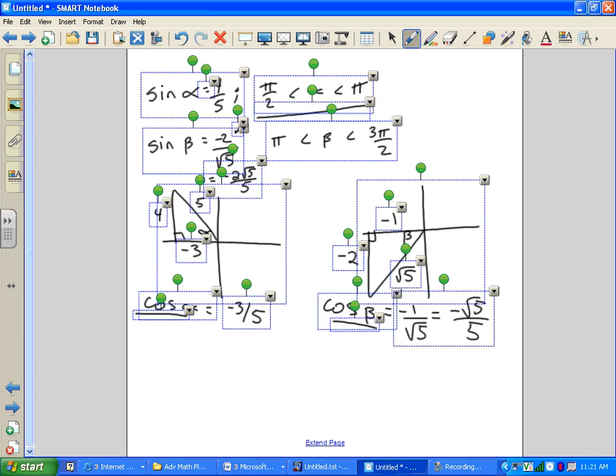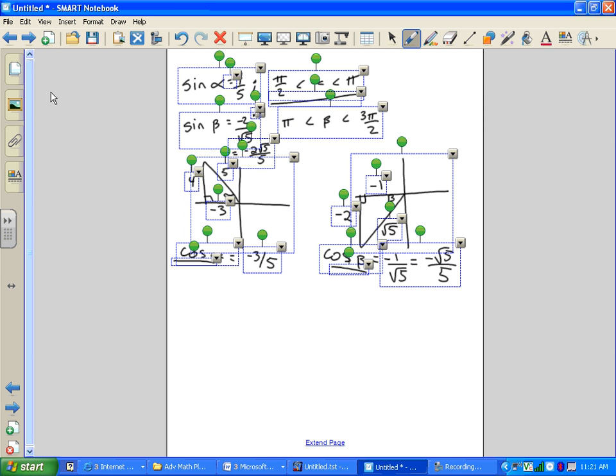All right. Now, let's find the tangents here. Okay, so y'all help me find the tangent of alpha and the tangent of beta, if I had to do that.